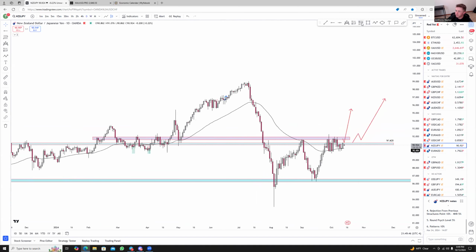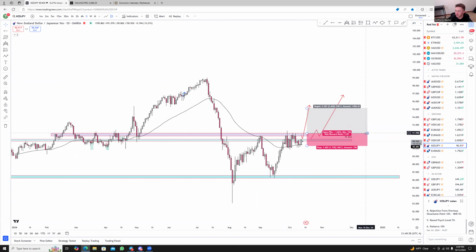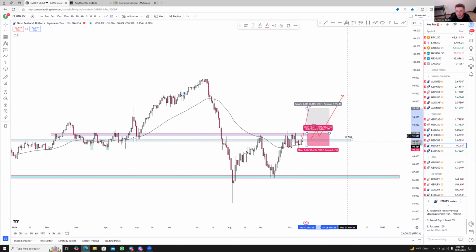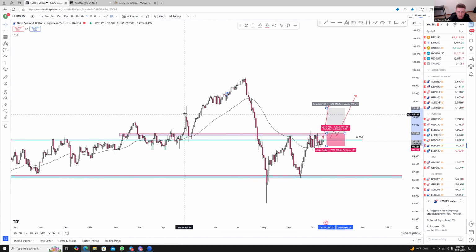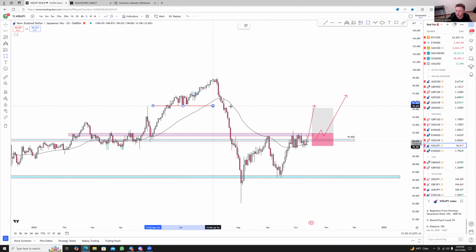Quite frankly, depending on where I got in, my stop loss would probably be right there, and I would be out probably there for a 1 to 2. Why there? Because there's a huge wick right here, and I believe it needs to be filled, and then there's a strong daily zone right here. I wouldn't want to push it any higher.